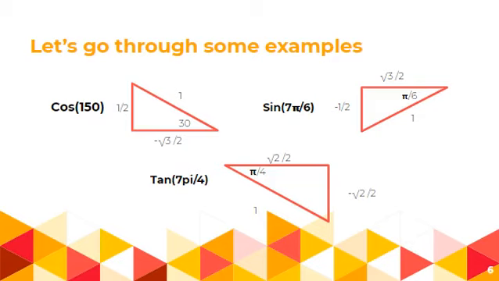Our last example is tangent of 7 pi over 4. And again, you may be looking at that like, what? That's all the way in the fourth quadrant. We have to go all the way around the circle to find that. But really, it's just the angle pi over 4, that negative pi over 4 against the x-axis.